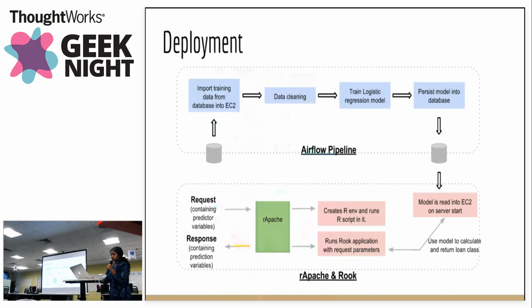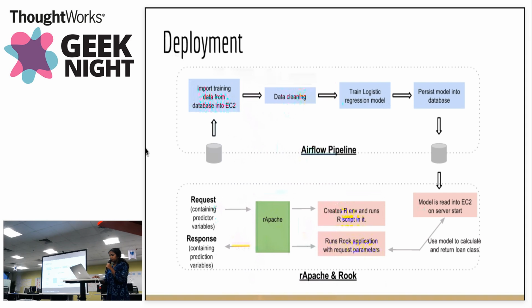This again shows the two parts in the deployment. This is the workflow pipeline we had. The steps in it are: first, import new data, as when you want to do a training, you get the data again from the DB. Then some data cleaning tasks, then the training of the model itself, and persisting the model into the database as a blob, as I mentioned.